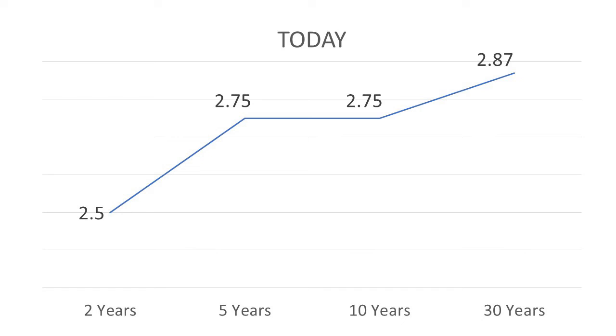Now, even if the 2-year became 3%, and therefore the curve was inverted, it really isn't something to get tied up about emotionally. Now, if investors' inflation expectations were really high on the long term, then this 2.87% 30-year rate today would be at 5, 6, or 7, but it's not.